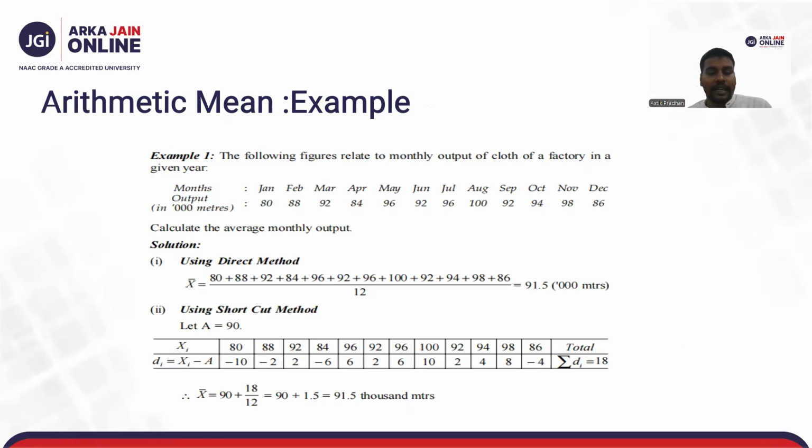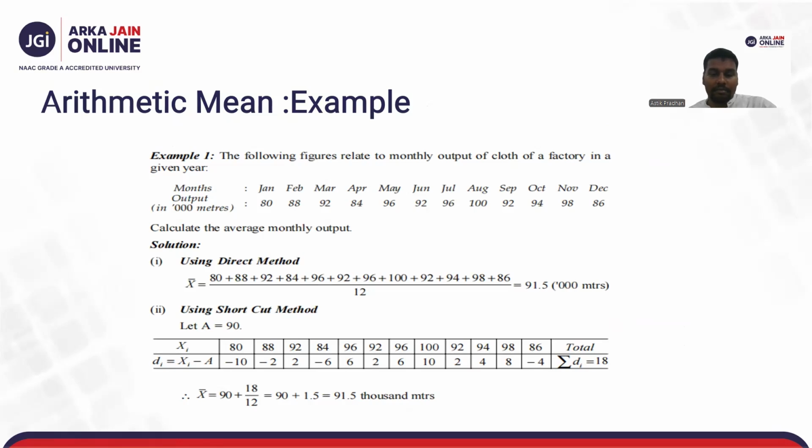You can easily calculate, as you can see, xi is 80, minus A, the value of A is 90. So we get minus 10 for the first point, that is for 80. Likewise we get the values up to 86. Then you have to sum up all the deviations, and for that you are going to get 18.